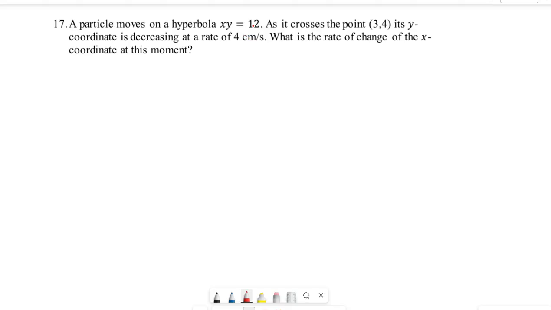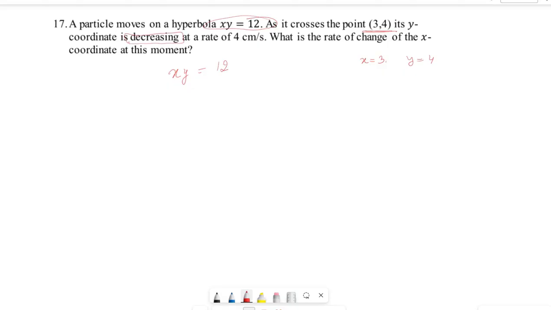Here is question 17. It says the particle moves on a hyperbola. The relationship is given as xy equal to 12. As it crosses the point 3, 4. So x is given as 3 and y is given as 4. Its y coordinate is decreasing.